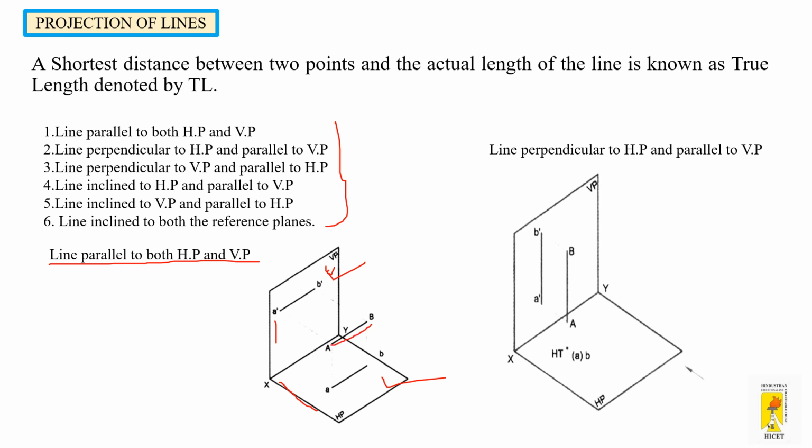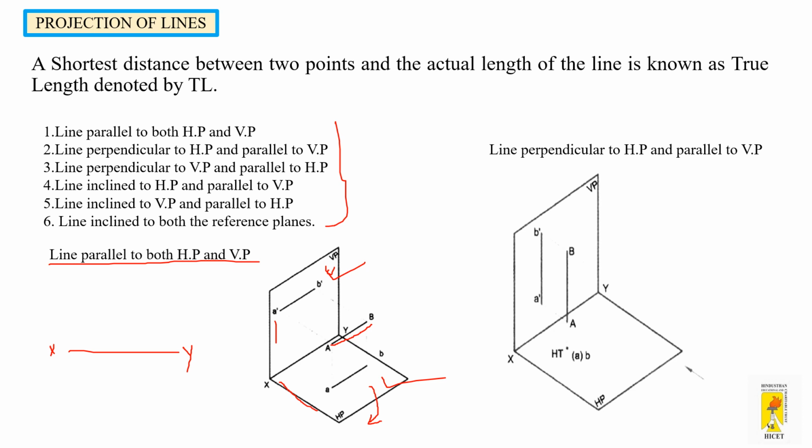So this line AB is parallel to VP as well as HP. When this plane is turned or unfolded in the clockwise direction, it will look like this in 2D.